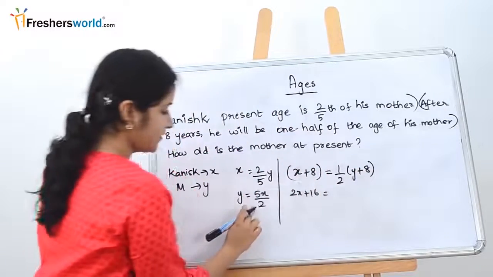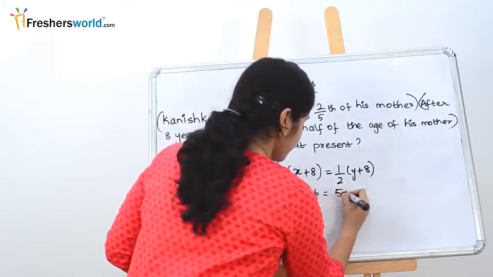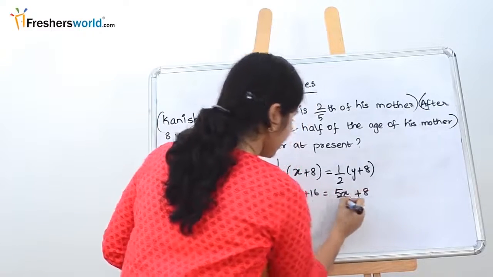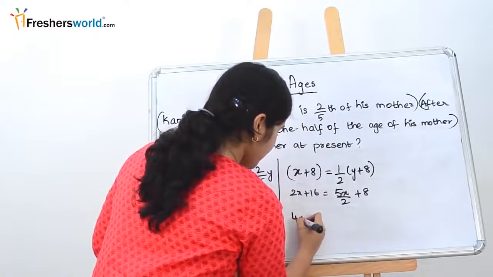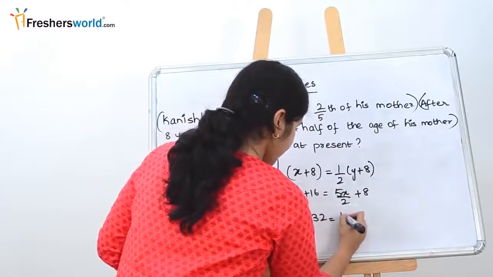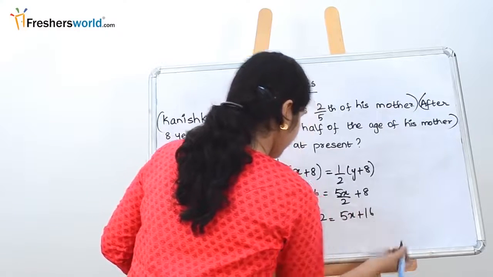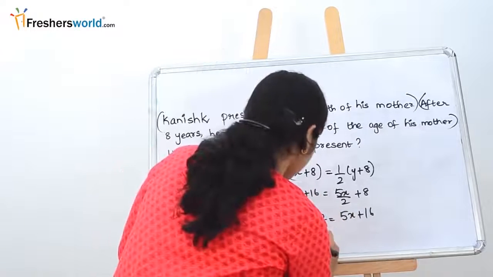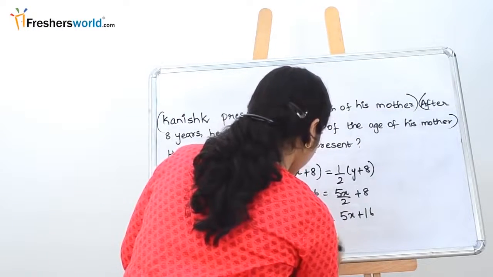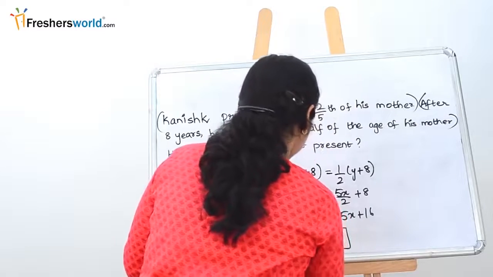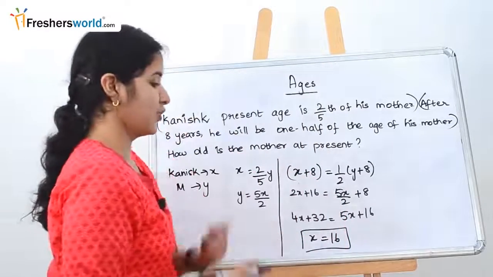Y we can write as 5x/2 plus 8. Just cross multiply by 2 again, 4x plus 32 equals 5x plus 16. So x is equal to 16.